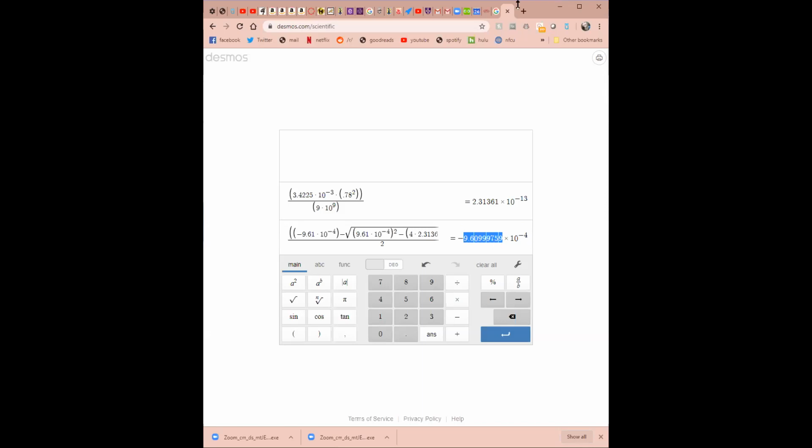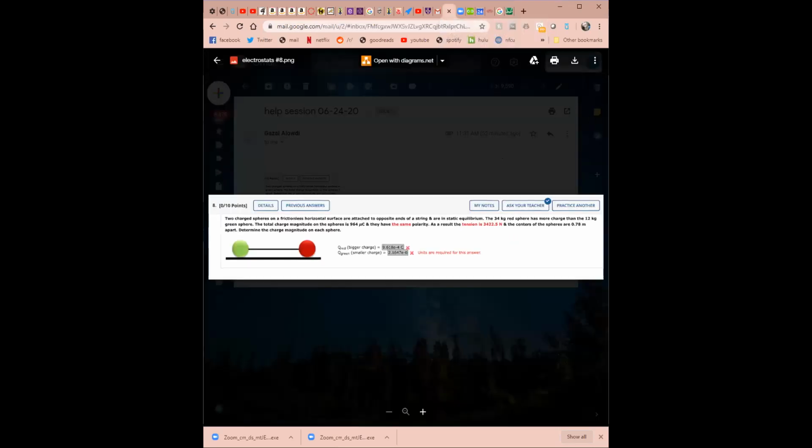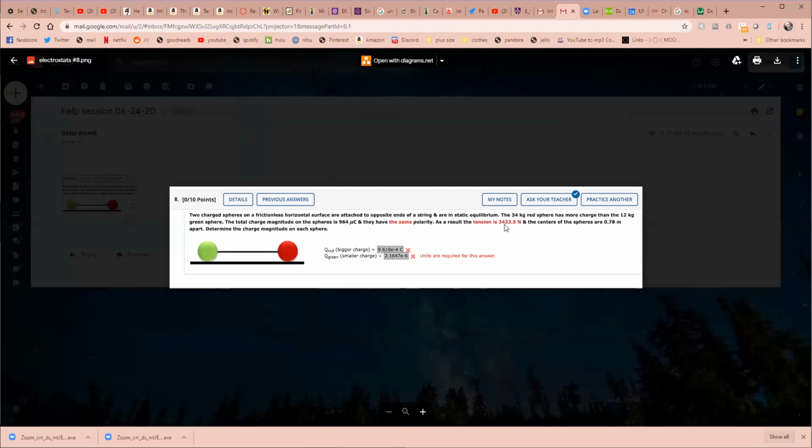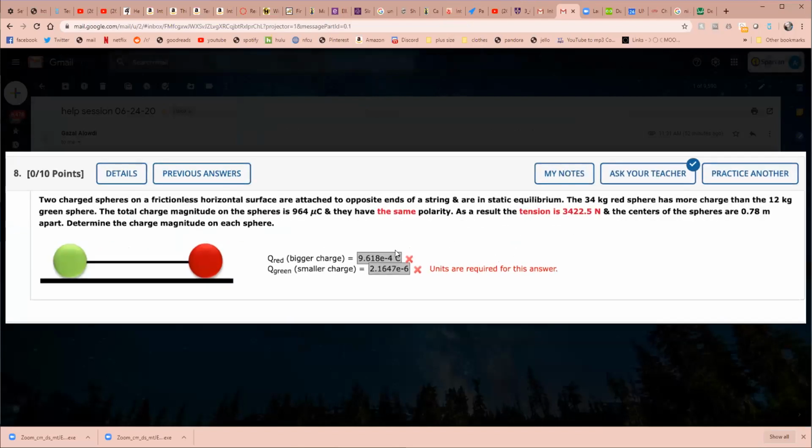Okay, so if I look back at the problem, and I make this bigger, 9.61. So you have 9.618 times 10 to the negative 4. And if we look at it, that's actually going to be the smaller of the two charges, I think.